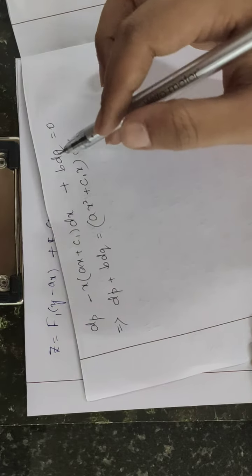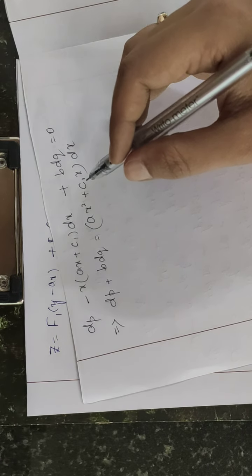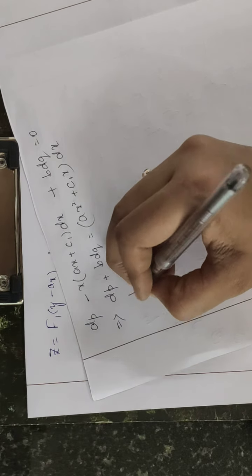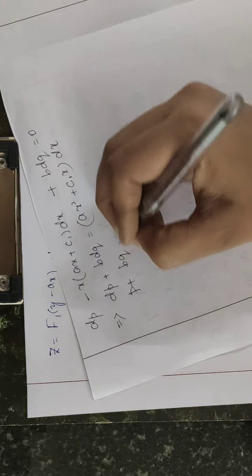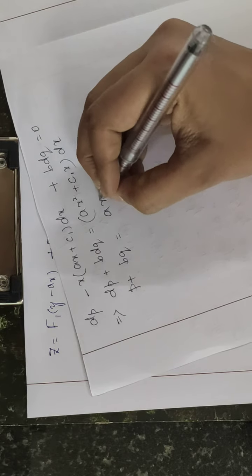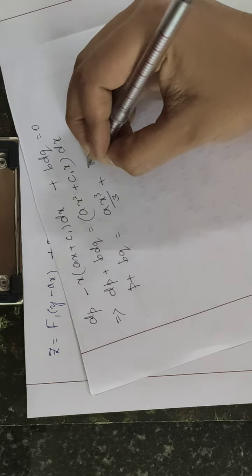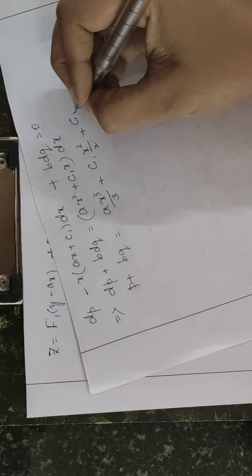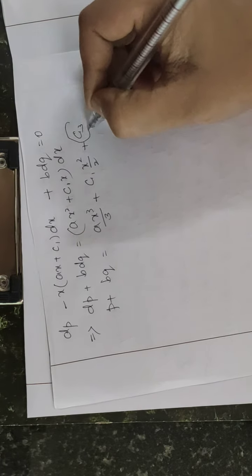Now integrate this so that you will get the value of p plus bq. So p plus bq will be equal to a x cube by 3 plus c1 x square by 2 plus some constant c3. So now what is this c3?